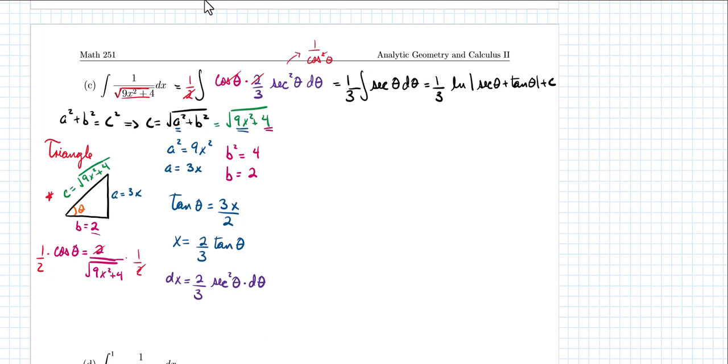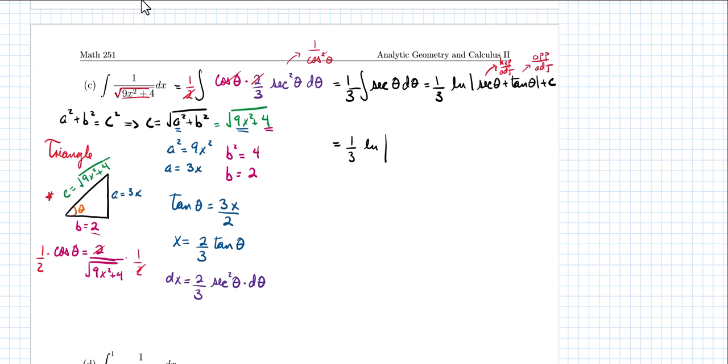Okay, we've done the integral. Now it's time to return to our original variables. So we're going to have here 1/3 times the ln of the absolute value of secant theta. Now what is secant theta? Well, in this case, remember the secant theta is the same thing as the hypotenuse over the adjacent, and the tangent is the same thing as the opposite over the adjacent. So let's see what we have here.